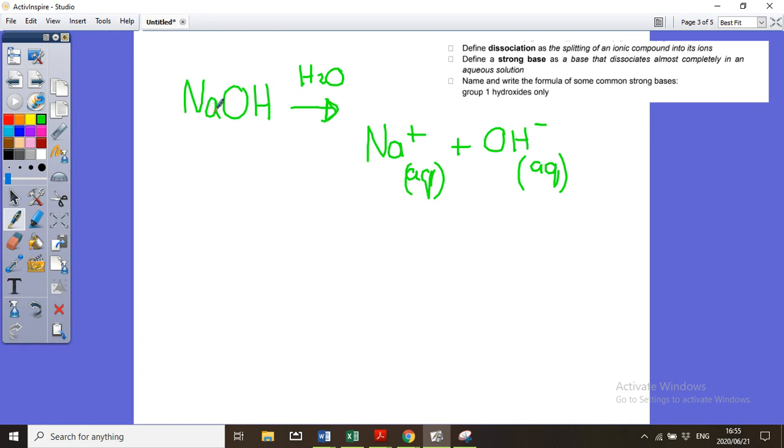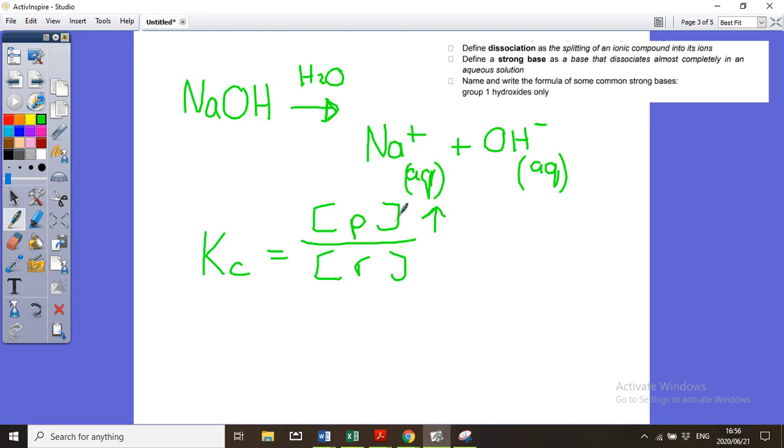Now let's quickly talk about the Ka and the Kb value, because if it ionizes completely, it means that I have a lot of product compared to reactants. And if you remember back to the equilibrium chapter, Kc or Ka or Kb will be the concentration of my products over the concentration of my reactants. So if I have a lot of products, then my value will be very big.